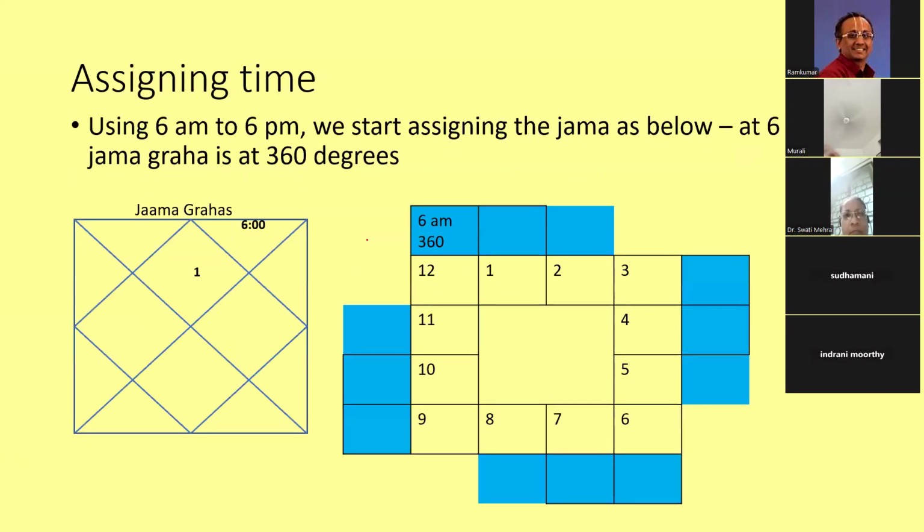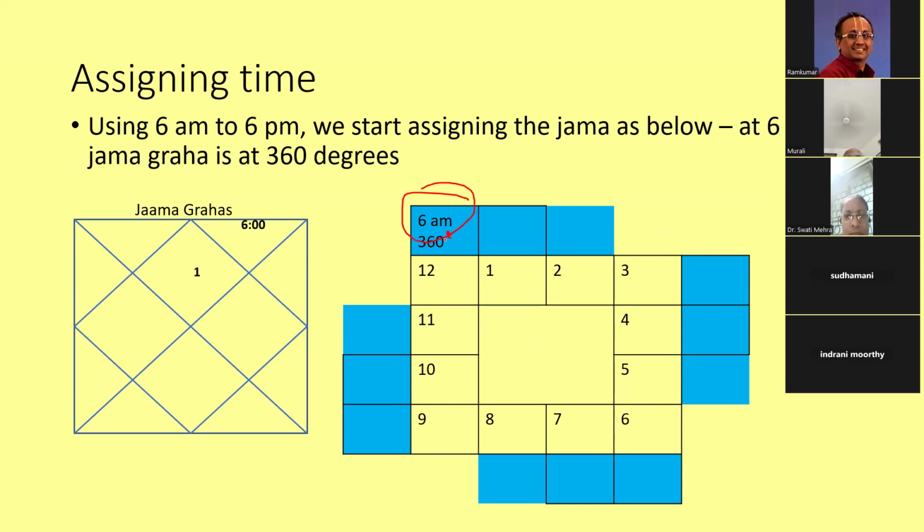Okay. Then now let us start this, right? So we have the 12 signs. For ease of understanding, I have put the numbers, right? Mesha, Rishabha, and so on. At 6 a.m., you have 360 degrees, right?